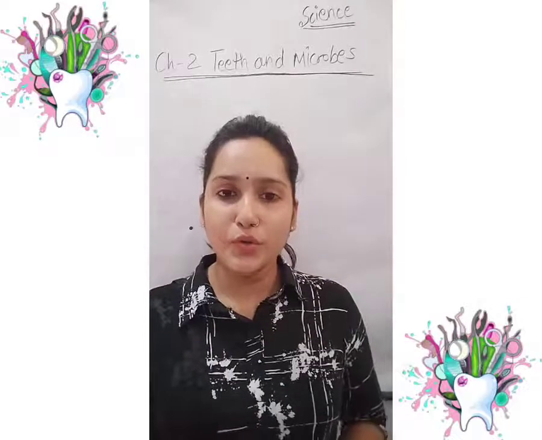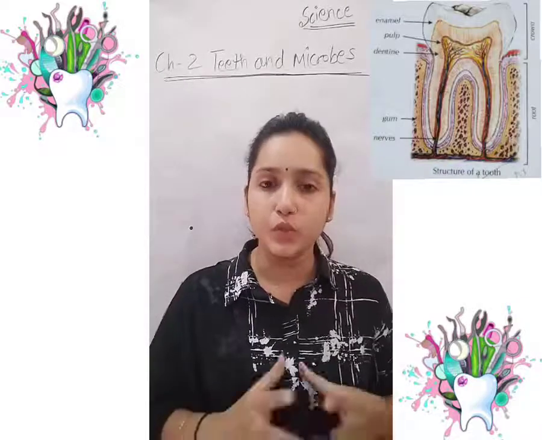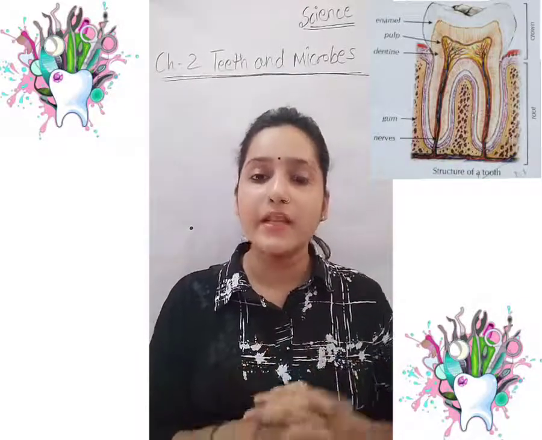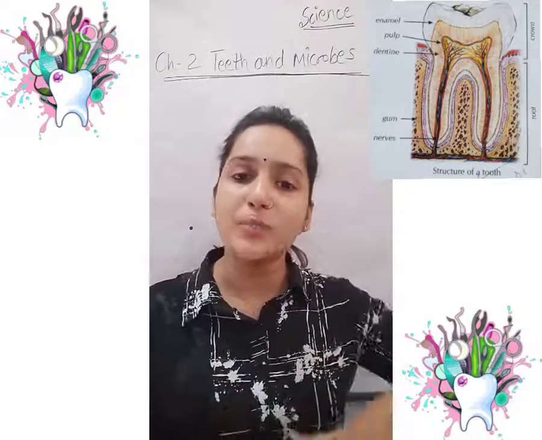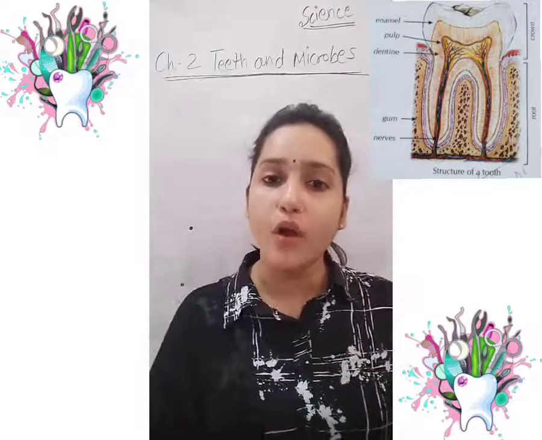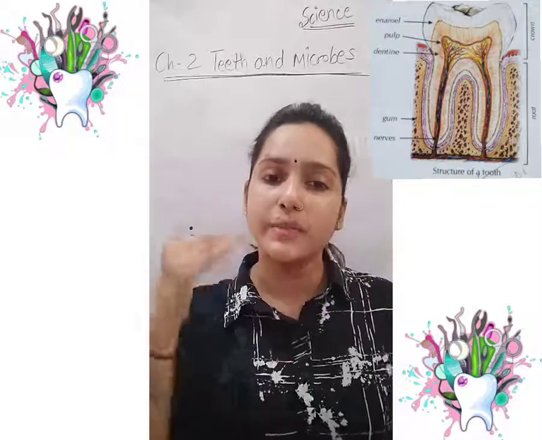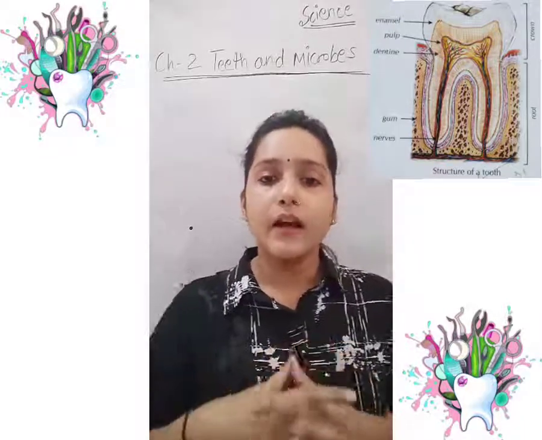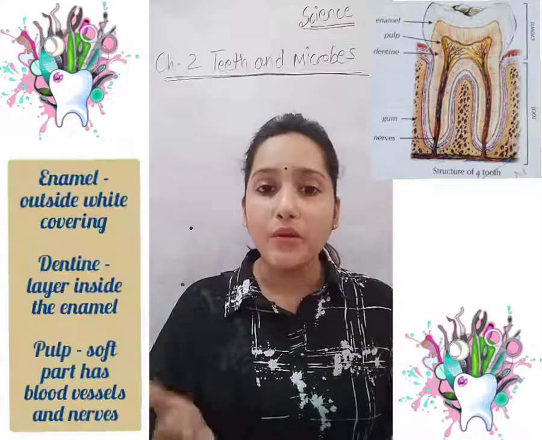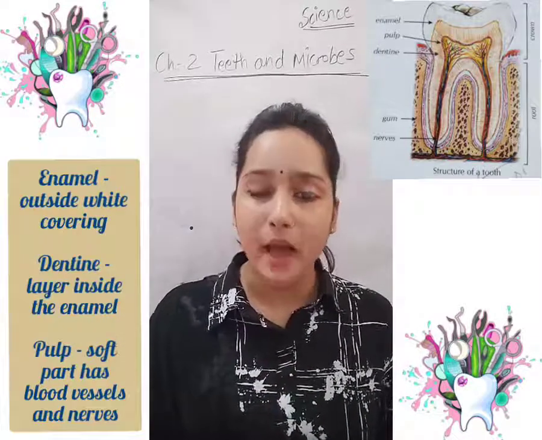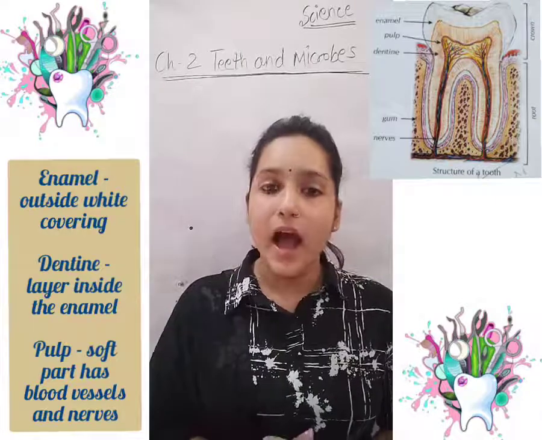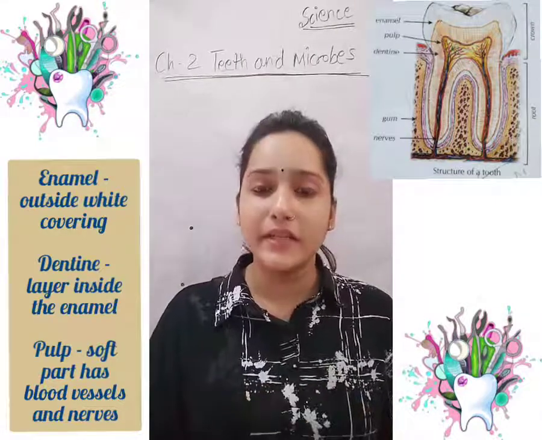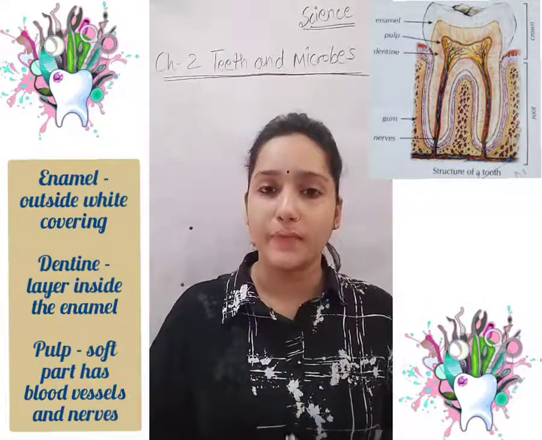Now we are going to know about the structure of a tooth. The tooth has 2 main parts, that is crown and root. The part which is present outside the gum is called the crown, and the part which is present inside the gum is called the root. The outermost covering of the crown is called enamel, that is white in color, and this is the hardest material present in our body.